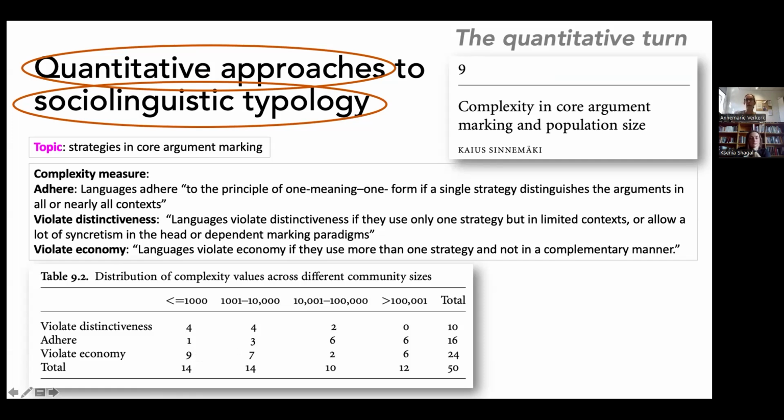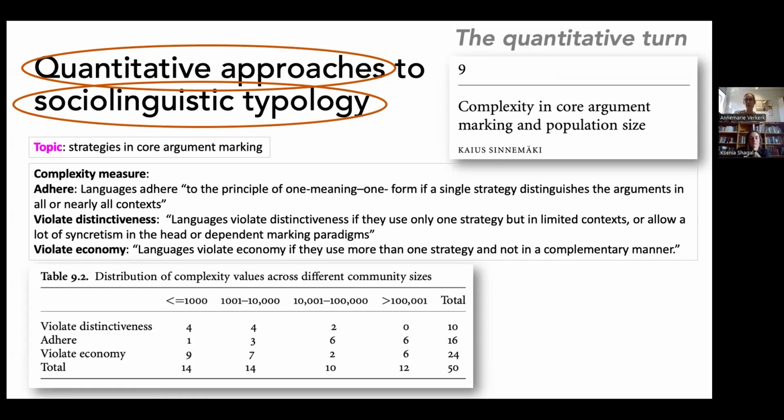And then languages on the right-hand side that have over 100,000 speakers, where we have 6 adhering languages and 6 that violate the economy.